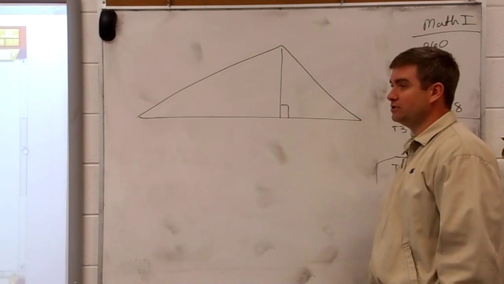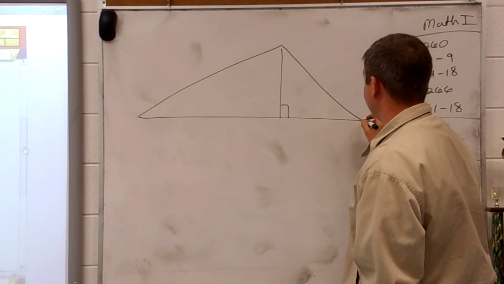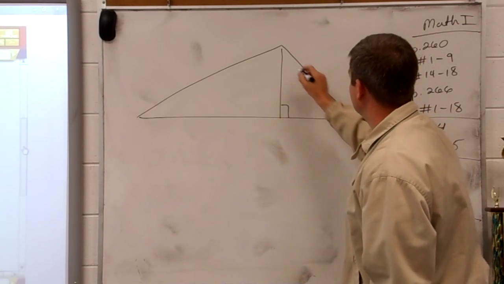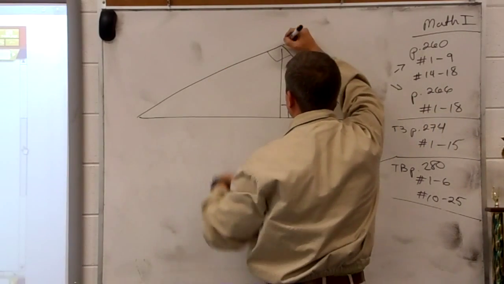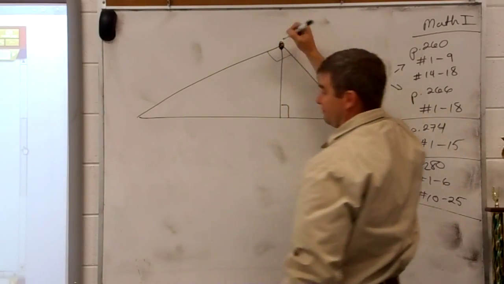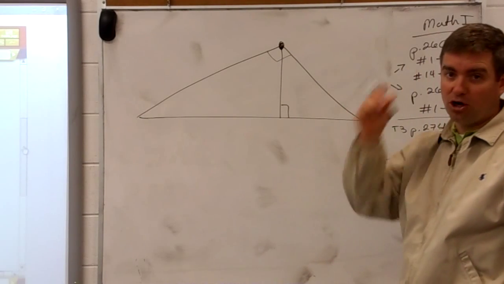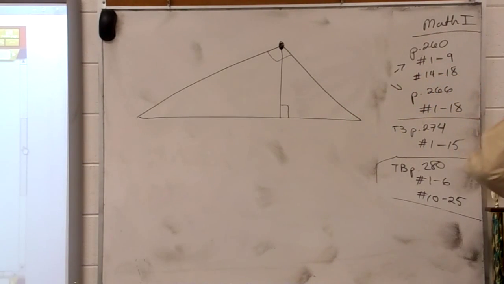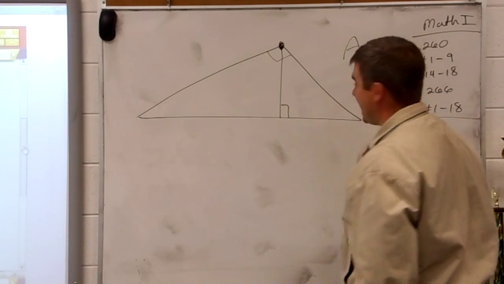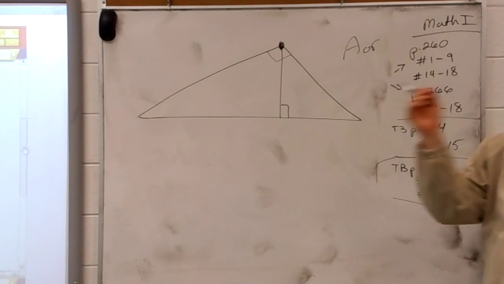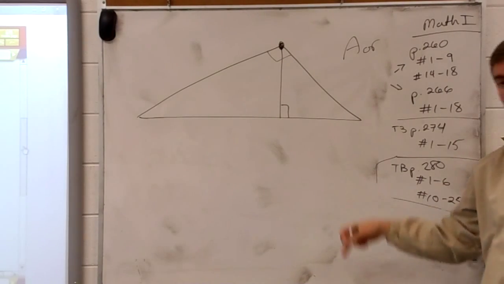So this is the altitude. If I have the three altitudes, like that, then there is the point of concurrency, and it's called the orthocenter. The way you remember that is A-Or. The altitudes make the orthocenter.